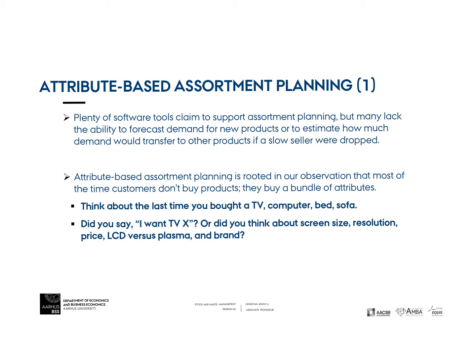But at least at the publication time of the article, they realized that many of the software tools lack the ability to forecast the demand for new products or estimate how much demand would transfer to other products. We call it substitution.